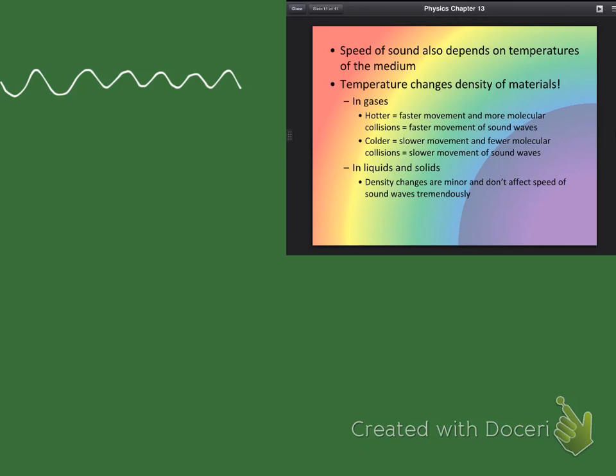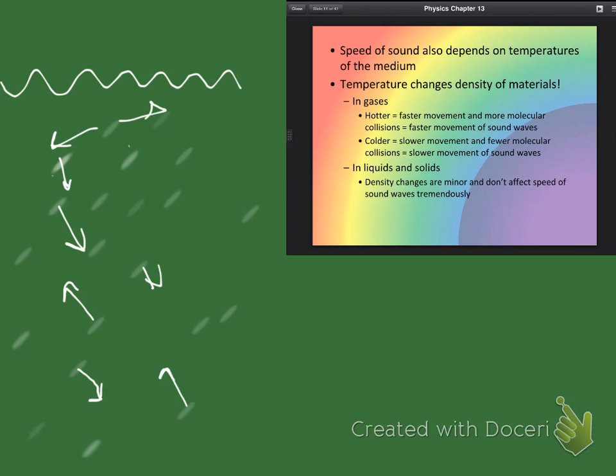So, exactly counter to what you would expect, because those particles have increased opportunities to collide. Here, I'll draw my gas particles. Even as they move further apart, they're vibrating faster, which means more chances to collide. Wham, bam, slam, zoom, zoom.